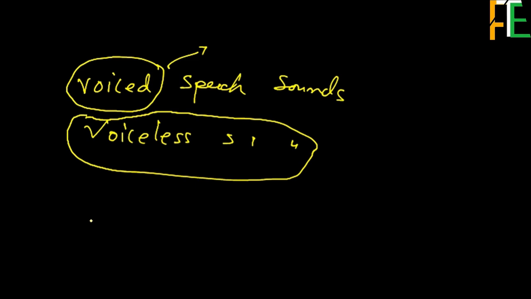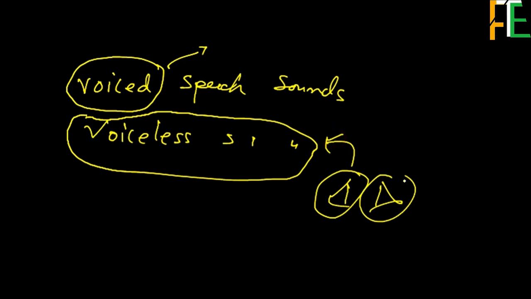It just comes out of the lung freely without affecting the vocal cords, that is why these speech sounds are called voiceless. The expiratory lung air comes out without affecting the vocal cords.